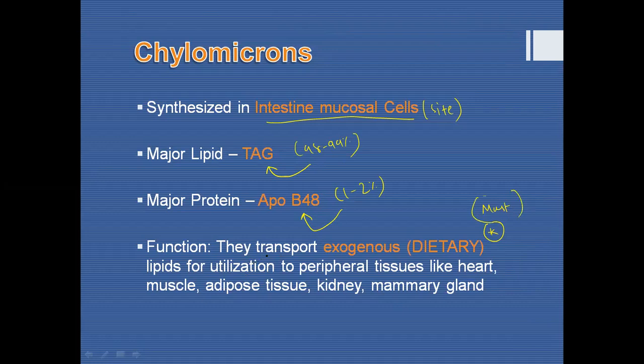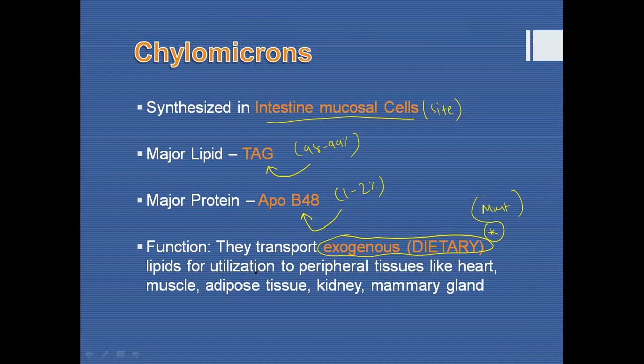The function of any lipoprotein is a must for you to remember, and based on the function you can even recall the metabolism of a particular lipoprotein. So the function of chylomicron is that they transport exogenous, that means dietary lipids, the lipids that we consume in the form of diet.